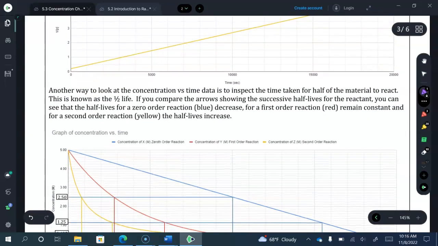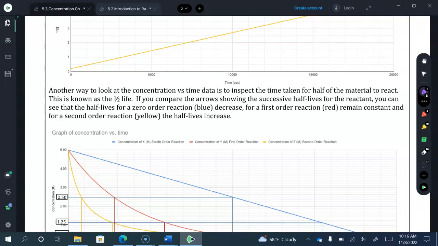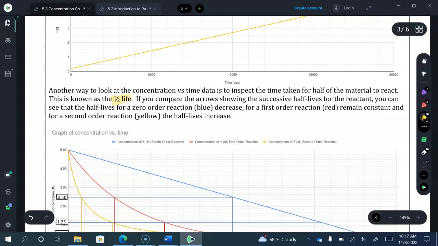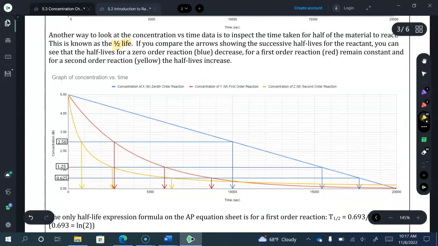Another way to look at the concentration versus time data is to inspect the time taken for half the material to react. So if we look at the half-life, if you compare the blue arrows showing successive half-lives for the reactant, you can see that the half-lives for a zero-order reaction decrease. For first-order reactions, they remain constant.